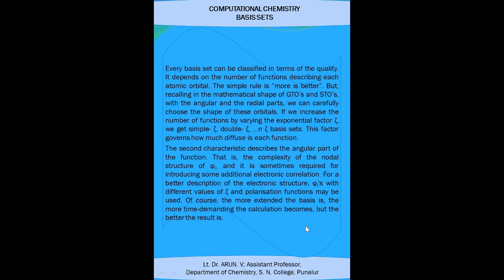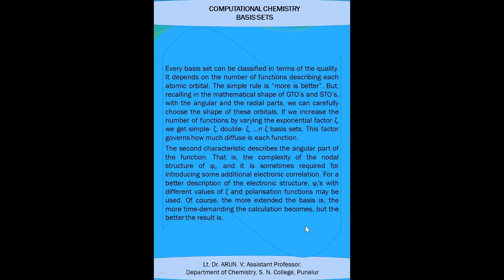Every basis set can be classified in terms of its quality. It depends on the number of functions that describe each atomic orbital. There is a simple rule, the more the better, but recalling the mathematical shape of the Gaussian type orbitals and Slater type orbitals with the angular and radial parts, we can carefully choose the shape of these orbitals. If we increase the number of functions by varying the exponential factor zeta, we get single zeta, double zeta, and n zeta basis sets.